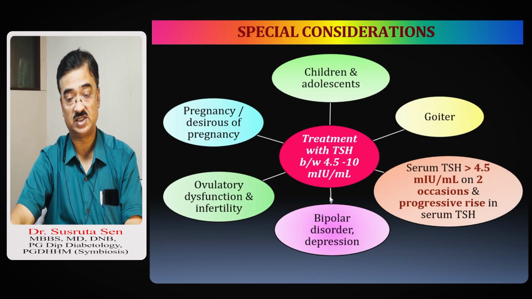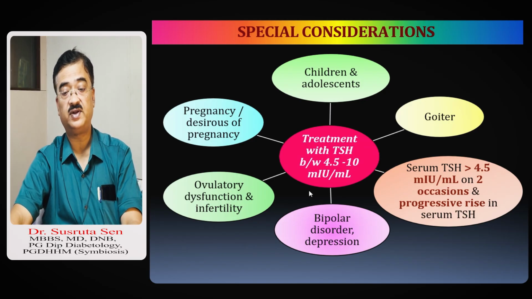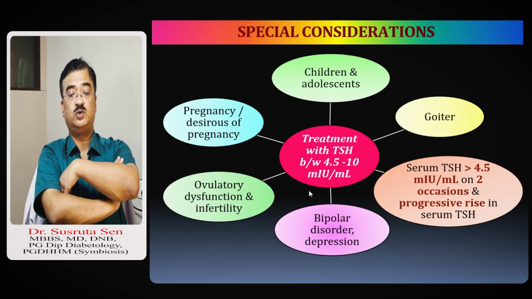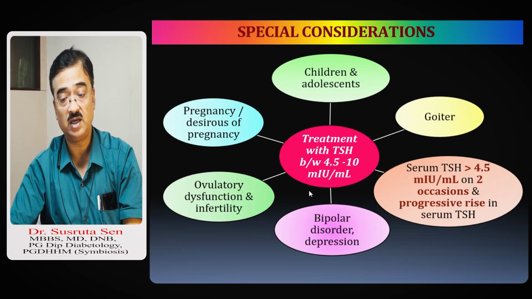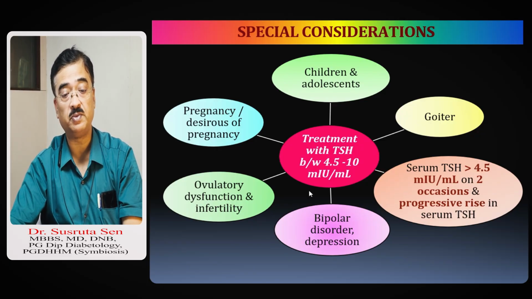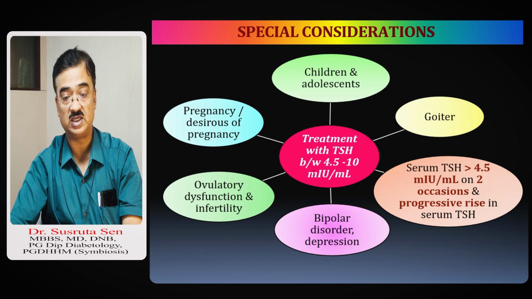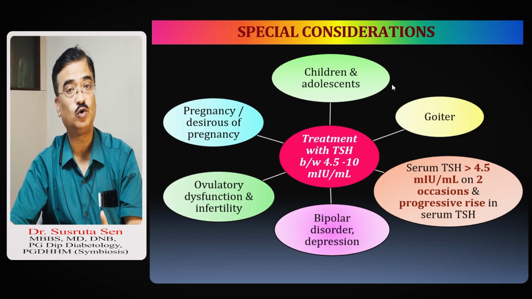Special considerations. When TSH is between 4.5 to 10, whether you treat or don't treat, sometimes you may treat. What are the special conditions where you actually treat even when the TSH is less than 10? Particularly in children and adolescents, you just can't afford to let them be hypothyroid.